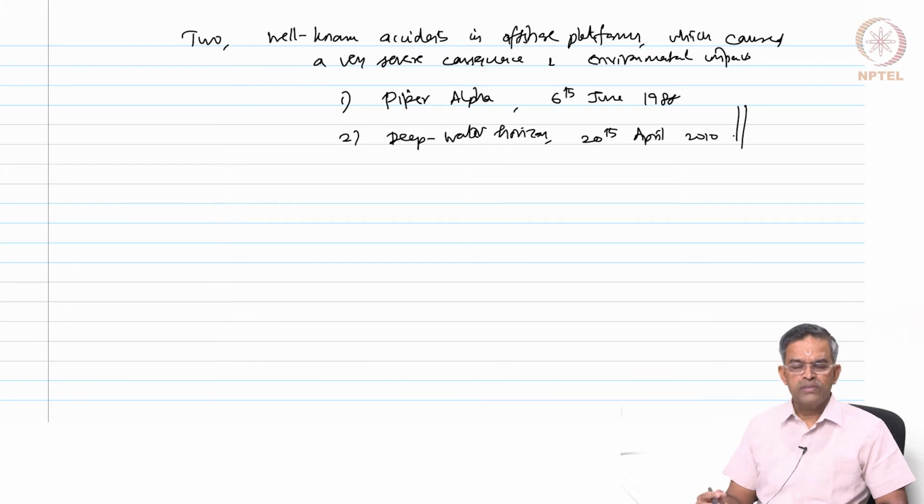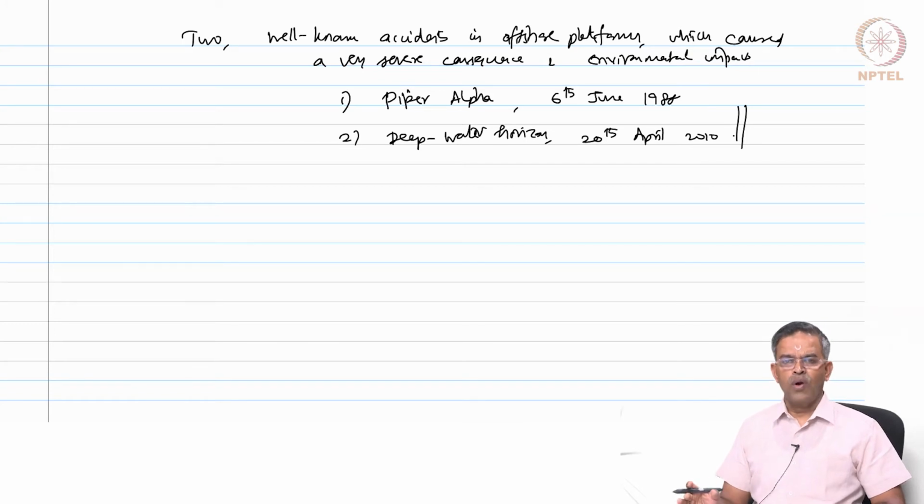There is no recurrence of these accidents because offshore platforms, for example, are well protected from a safety perspective, the firefighting systems are very effective, and the design is very comprehensive. So accidents are generally avoided.